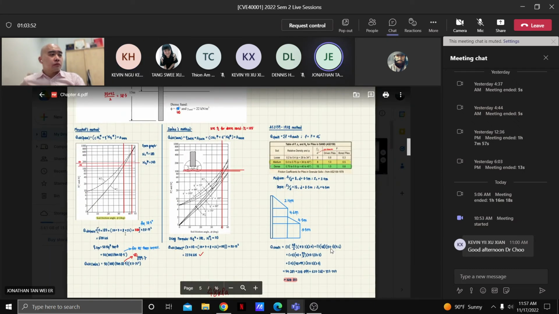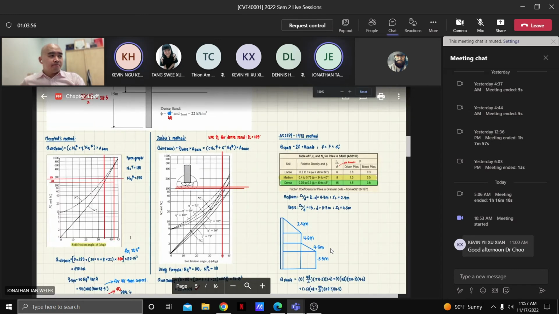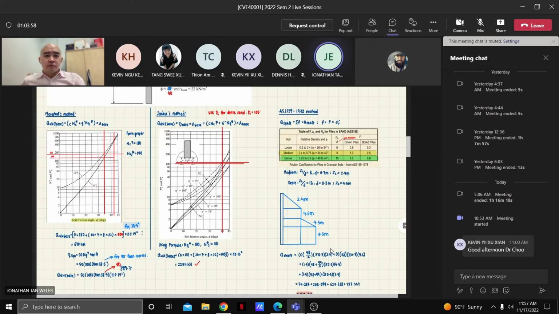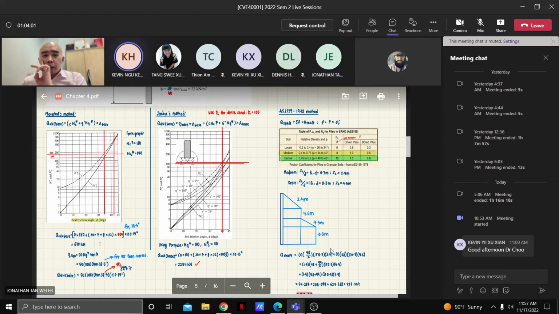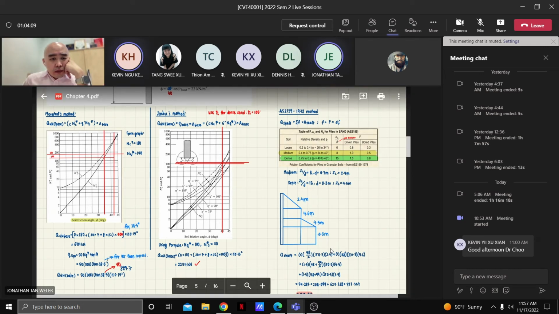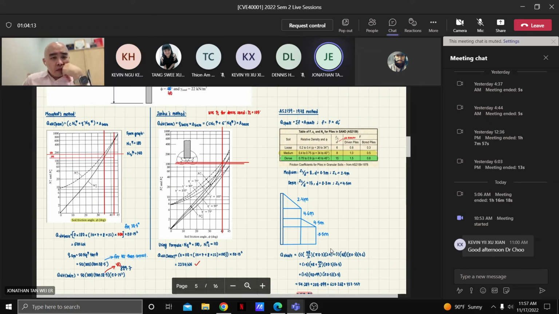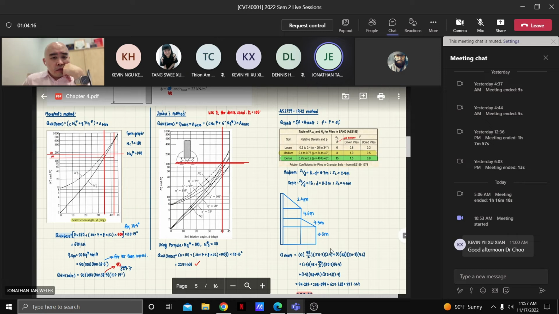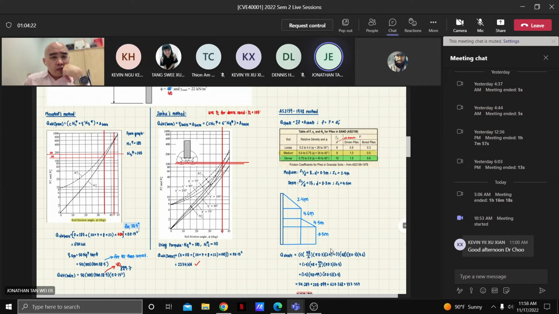For this one, the Meyerhof method, why is the data value used different? In the canvas you stated to use 40, but for calculating this 6701, when we use 38.5, then the answer is correct.